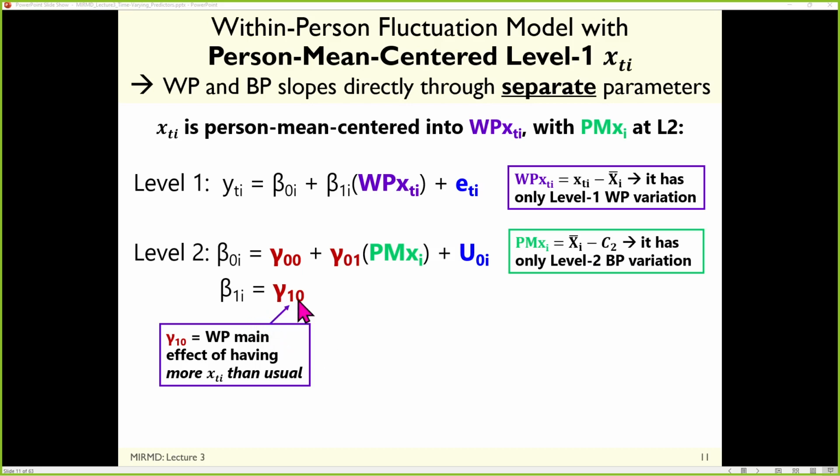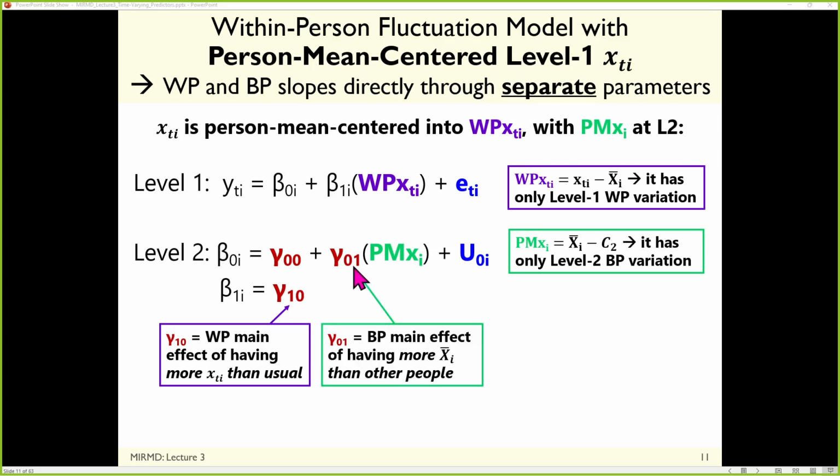So gamma 1O is the effect of having more x than usual. For every unit more x you have than usual, this happens to y at that same occasion. So this is within-person longitudinal information, but we're estimating a concurrent prediction to start with. The other slope, gamma O1, is the between-person effect, because person mean x only has level 2 variation.